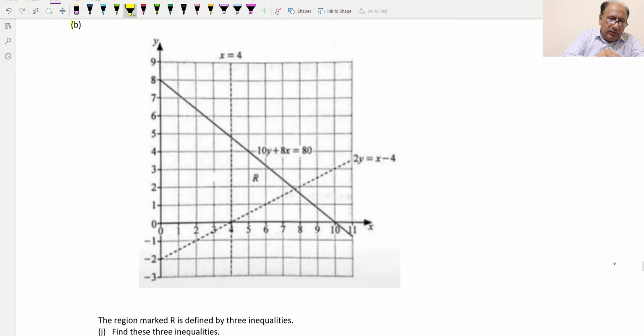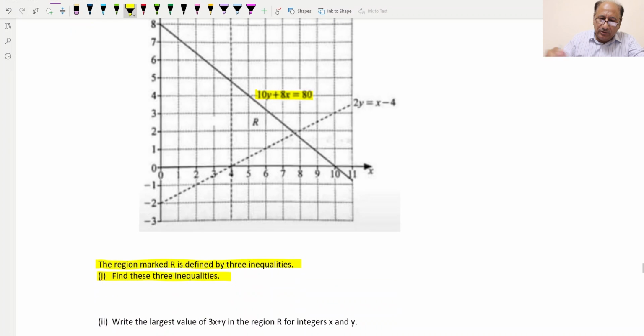Now for B part, the region marked R is defined by three inequalities. Find these inequalities. So this equation is given, and region R is this region, so lesser than that. We can write the inequality as 10y plus 8x is less than or equal to 80, because it is a solid line.